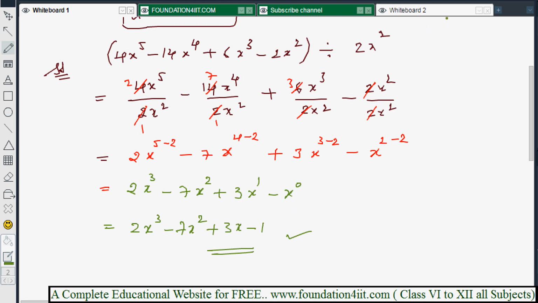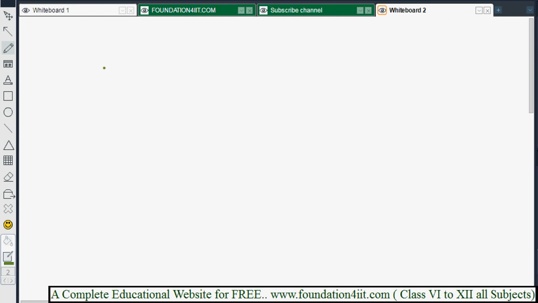Okay, one more question. I'll explain the same type of problem. Now divide 20x cube y plus 10xy square minus 15x square y.